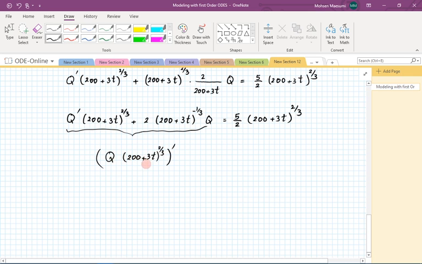Now, there's always a chance that perhaps we have made a mistake during all of our calculations. So we better go double check that our statement is true. So if I have this product and I want to differentiate by product rule, q prime times the second term, okay, here's my second term, plus the derivative of the second term. So if I want to take a derivative of this thing, several things are going to happen.